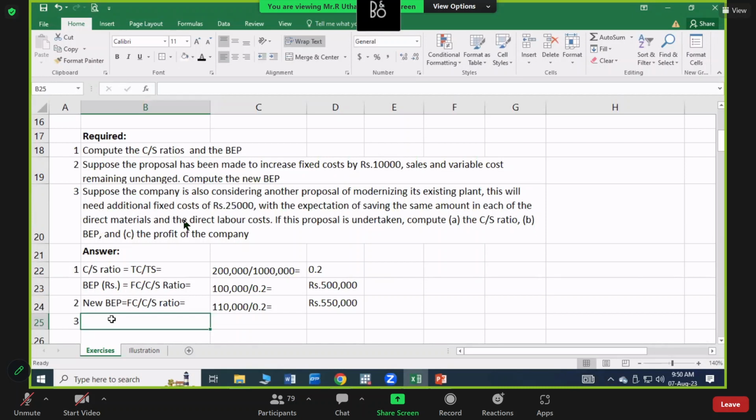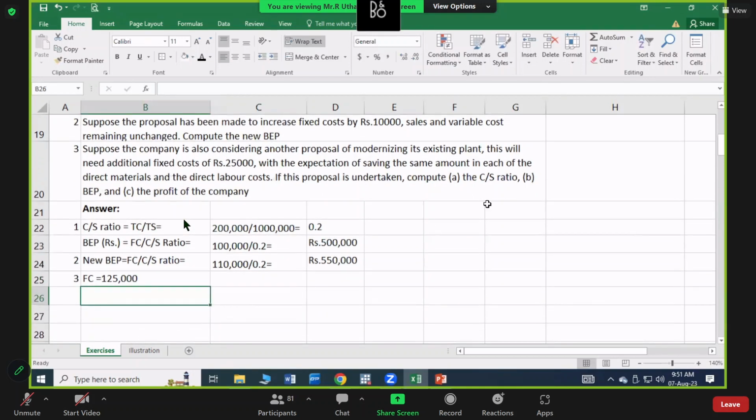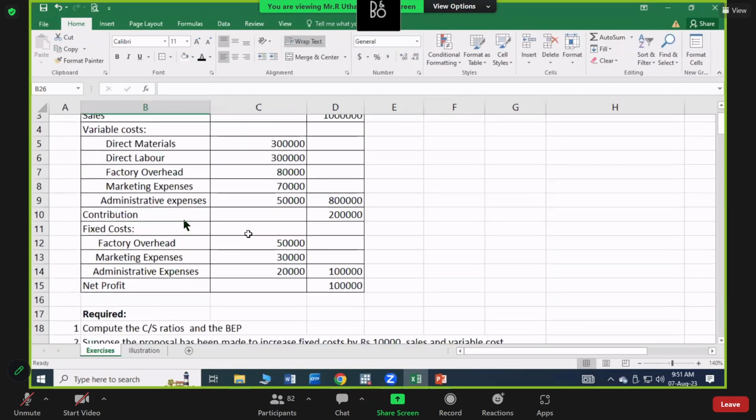Third answer: the fixed cost is 1,28,000, independent of the second question. Then there is the saving in the direct material.